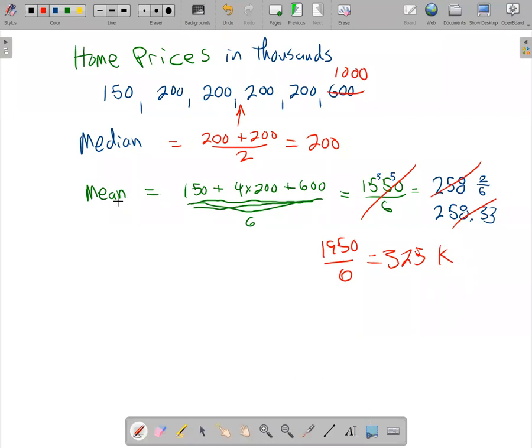The mean is affected by extreme values in the data set. The median is not. That's the moral here. Doesn't make the mean bad. It's still a good measure, but it is affected by extreme values in the data set.